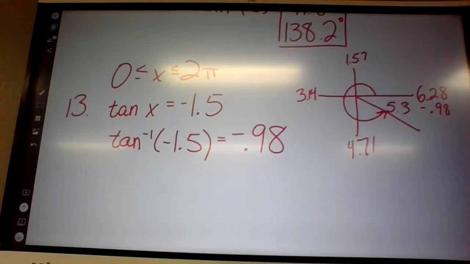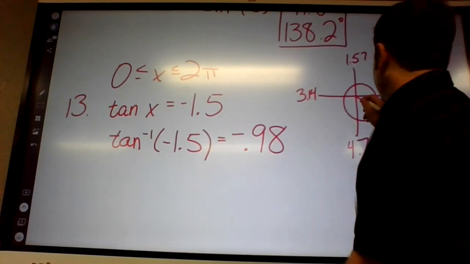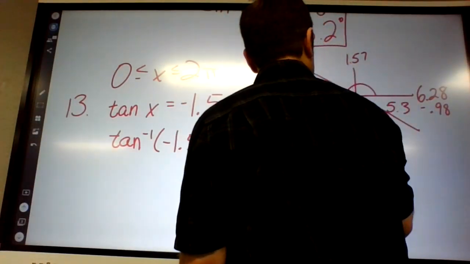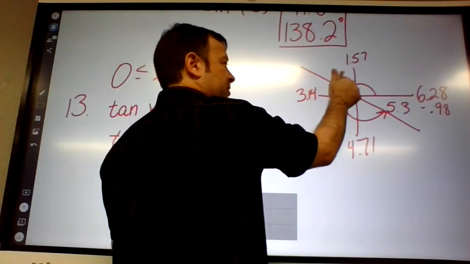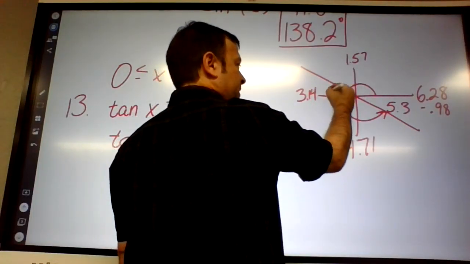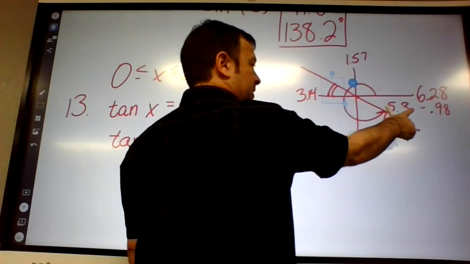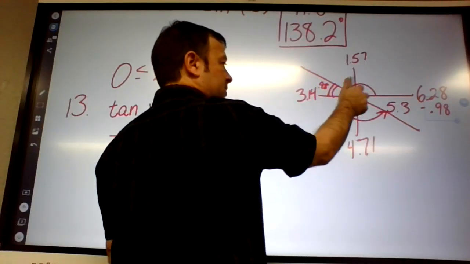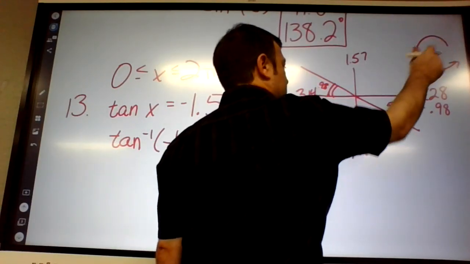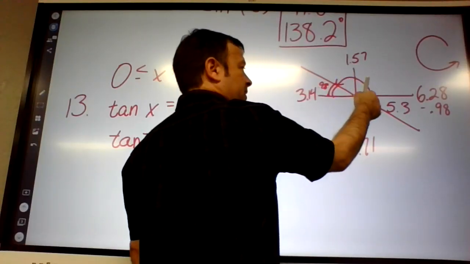All right. What other quadrant is tangent supposed to equal something negative? That would be this quadrant. So this angle right here would be the reference angle, 0.98. But the actual angle is this one right here.